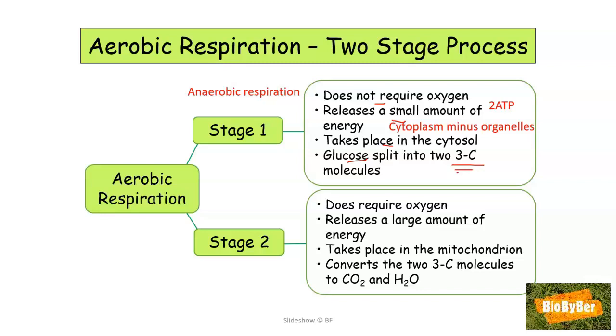So if oxygen is present, then stage 2 will take place. As a reminder, stage 2 does require oxygen, and it releases a large amount of energy, a total of 38 ATPs. Stage 2 takes place in the mitochondrion, which is an organelle or a structure within a cell.